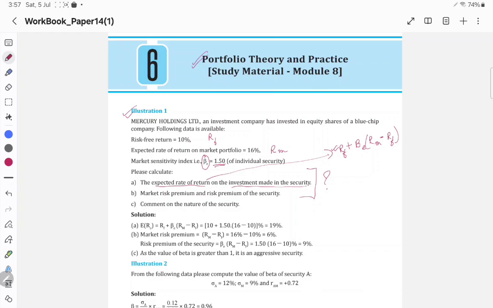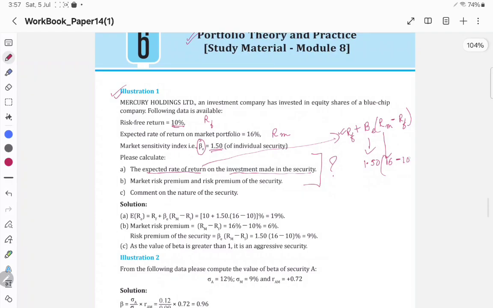In the question, the beta of equity is 1.50, the return on market is 16, and the risk-free rate of return is 10%. We just put this in the formula and the question will be solved. It will come to 19%. So this was an easy going question.